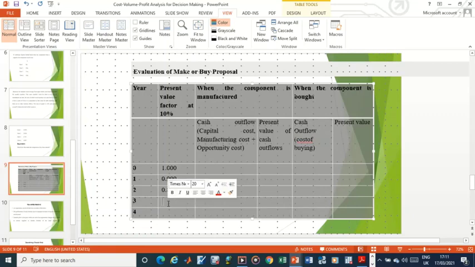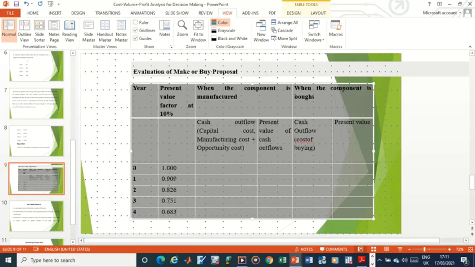Then for the third year, 0.751. Then the fourth is 0.683. So with this, our PV table is complete, starting from year 0 to year 4.